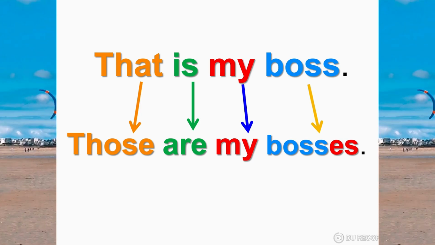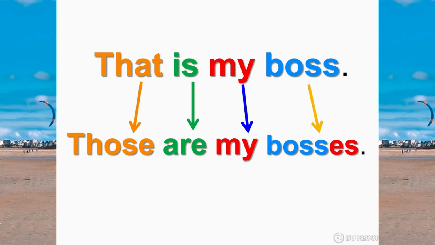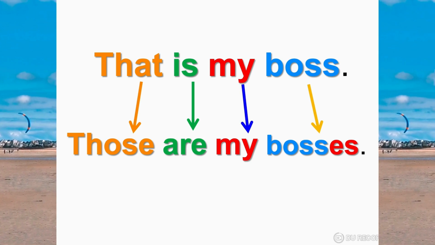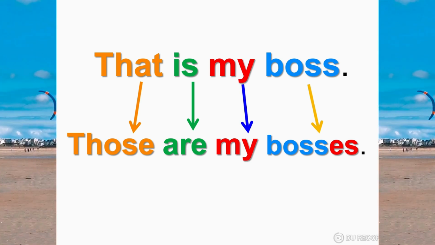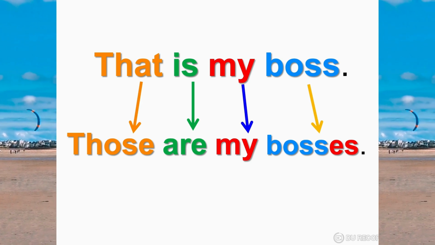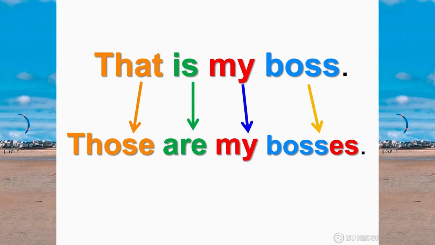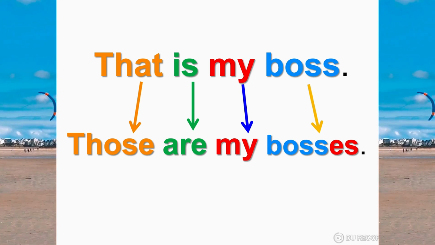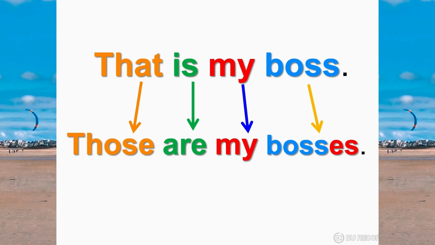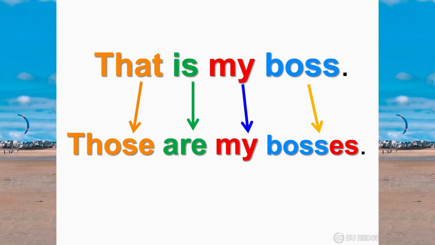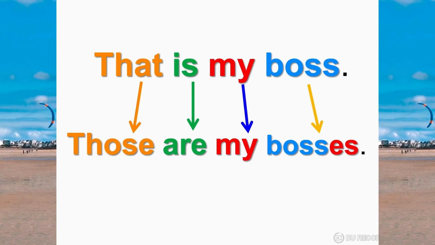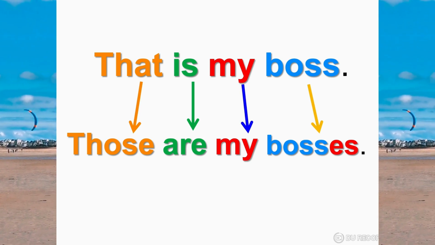Now we have a sentence in the singular form with that and a sentence in the plural form with those. So the first sentence, that is my boss or manager. So the plural of this sentence is those are my bosses. So let's see the plural of each word. The plural of that is those. The plural of is is are.